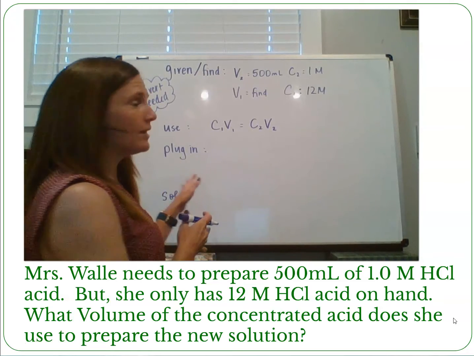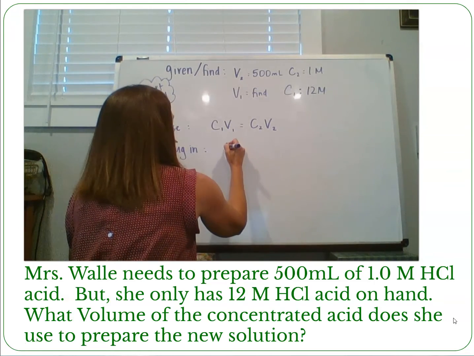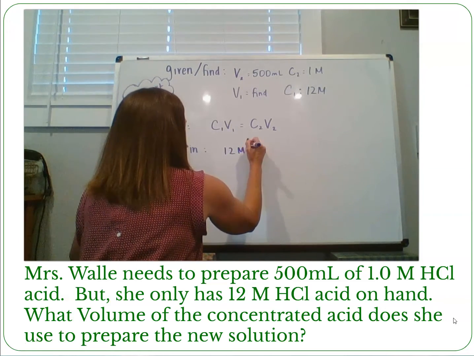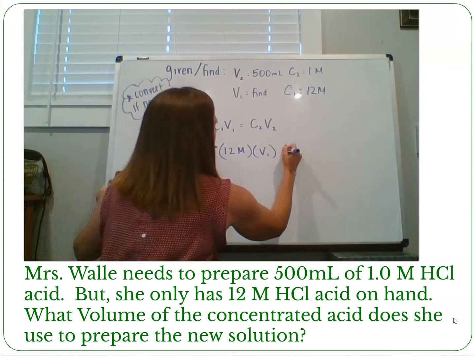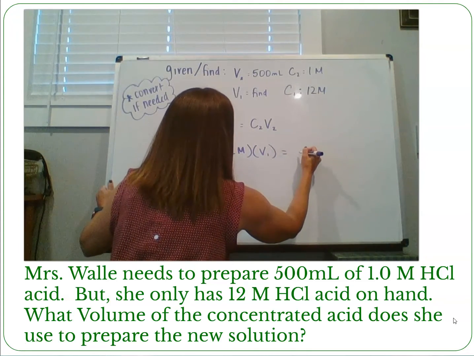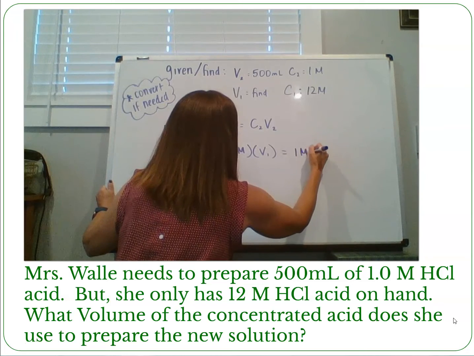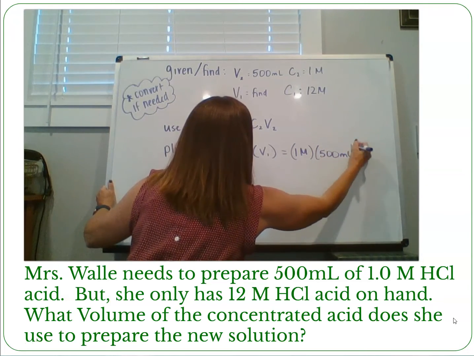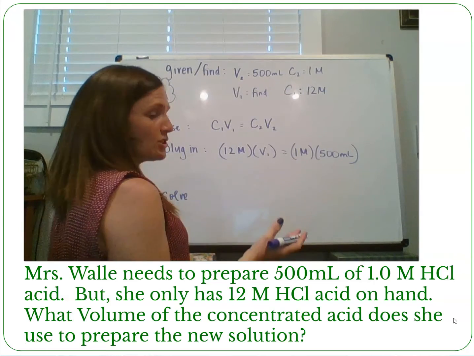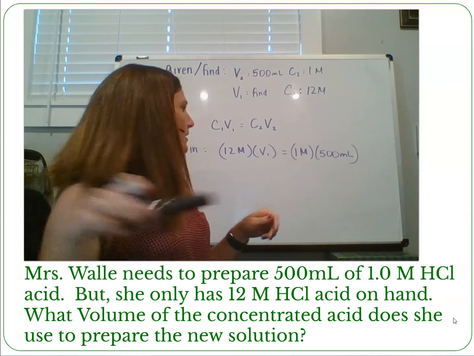And so then I just go ahead and plug into this. So concentration 1 is 12 molar times volume 1, that's what I'm trying to find, equals concentration 2. I want 1 molar times 500 milliliters. So now I just plug this into my calculator.